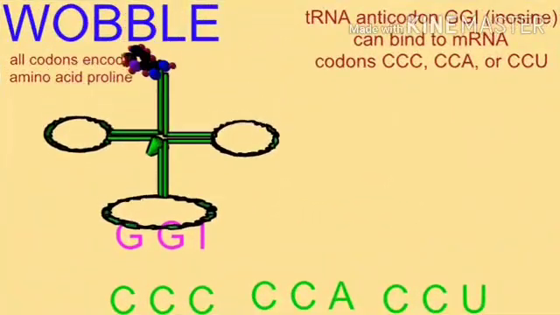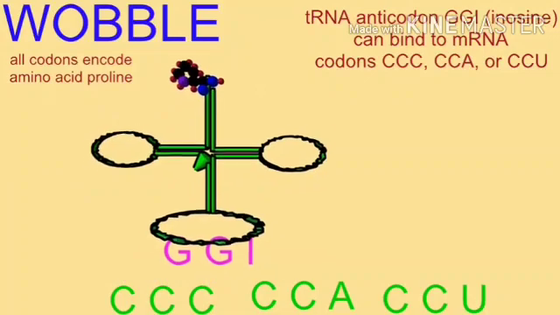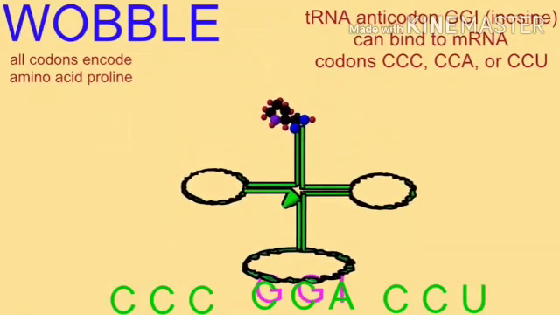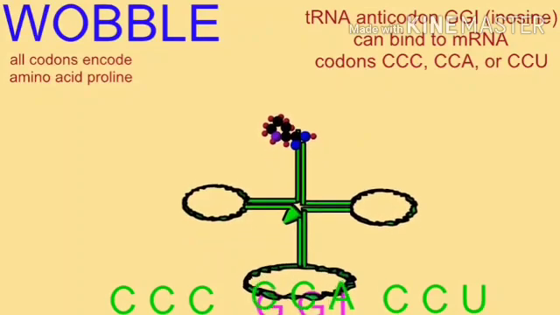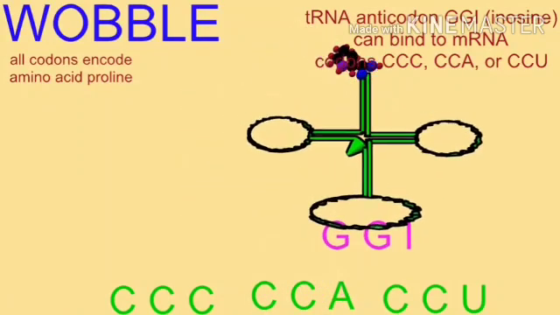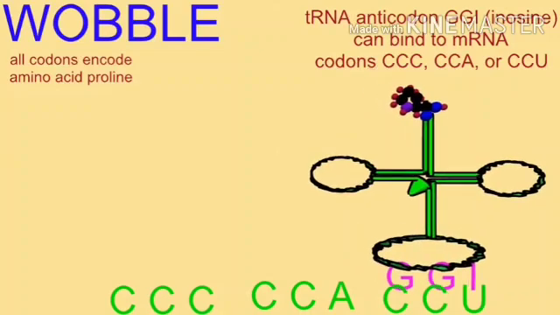In another example of base pairing, the unusual nucleotide inosine can bind to cytosine, adenine, or uracil. This tRNA could then bind to three codons in the genetic code. There are numerous examples where all three would code for the same amino acid.